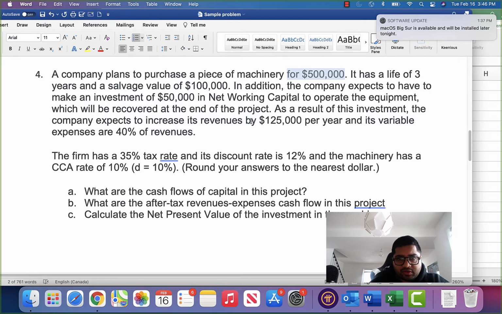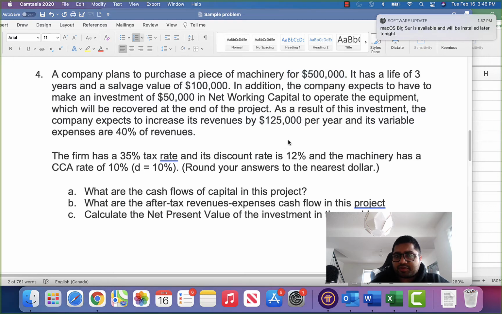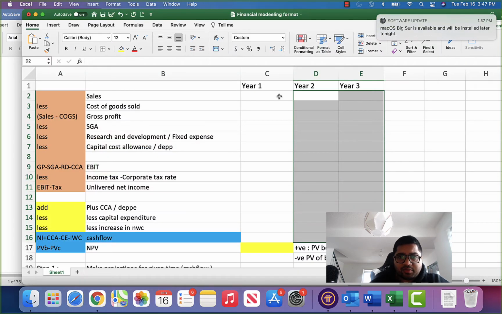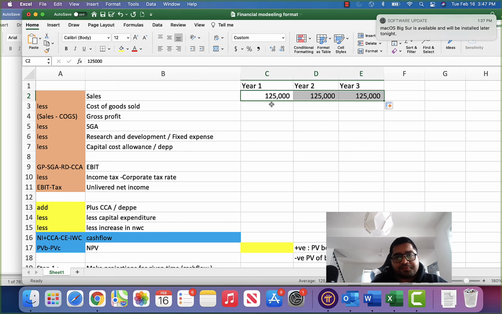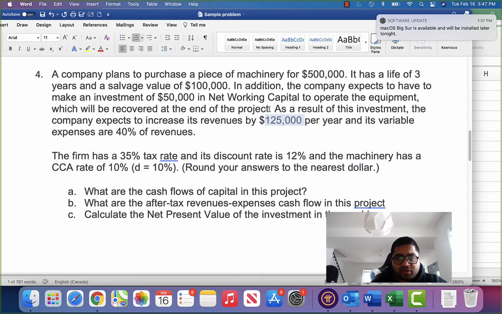Let's first look at sales. Revenue increased by $125,000 per year. So $125,000 is the incremental revenue you're going to get from buying the machine. Is the revenue growing? No, it is stagnant. It is 125,000 per year.